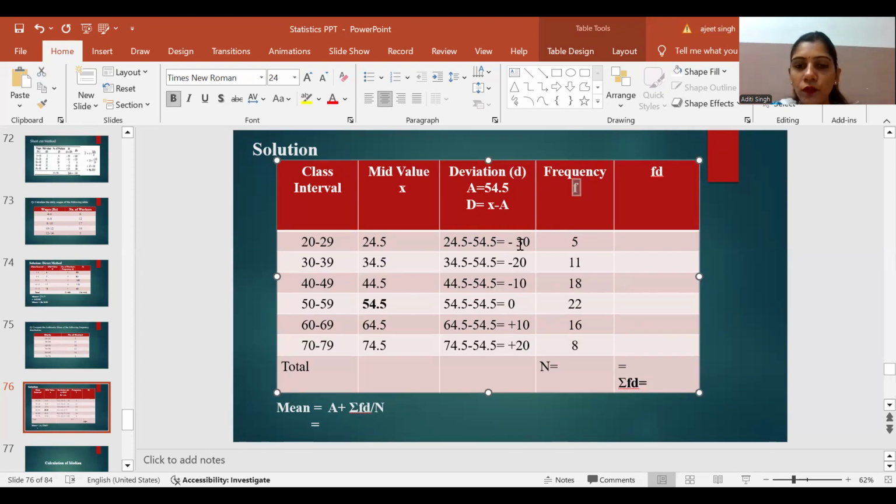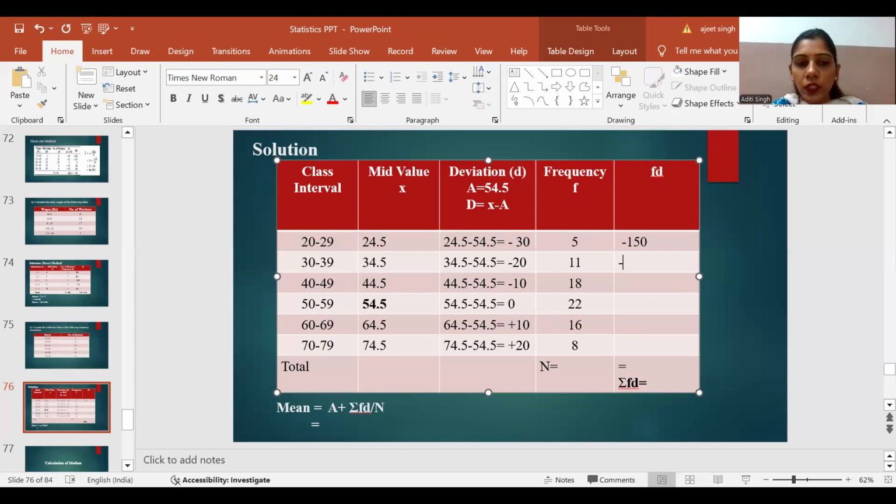Okay, so first of all, 30 into 5 is, first of all, put the sign of minus. Remember, don't forget to put the sign of minus if your deviation value is in minus. So minus 150. Got it? Now again 20 multiplied by 11. So in this also you have a value in minus.